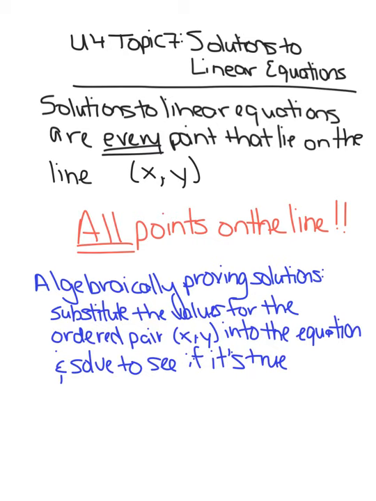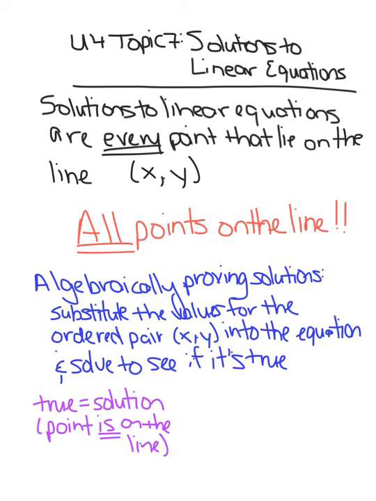And I'm going to make a note here, right, so that if it is true, then we say equals a solution. That means that the point is on the line. So if it's a true statement, then it is a solution and the point is on the line.